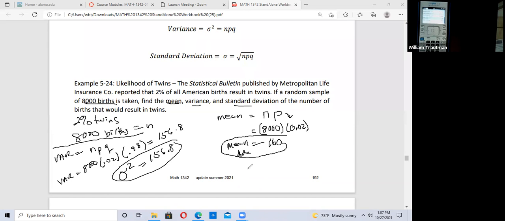Now, standard deviation is taking the square root of 8,000 times 0.02 times 0.98. Or you could just take the square root of the variance and get the same answer. But let's do that on a calculator.